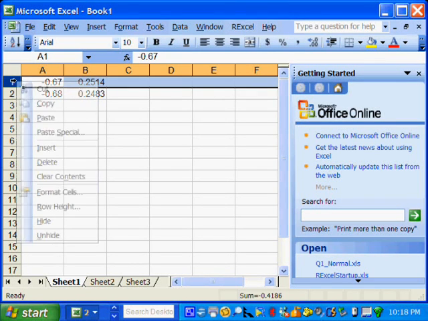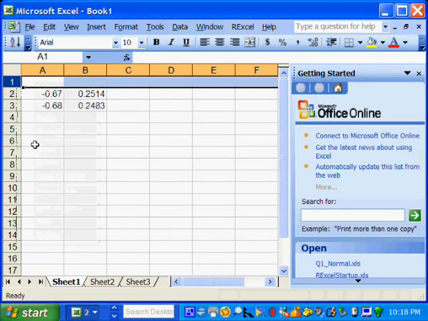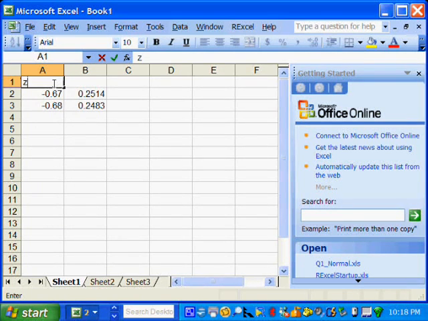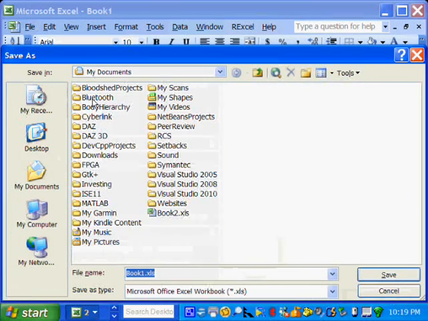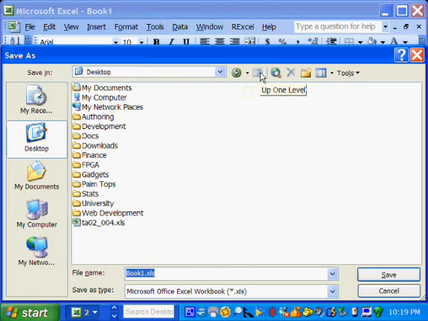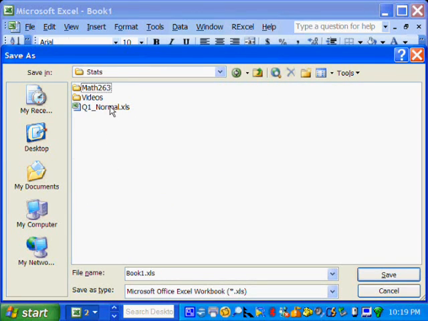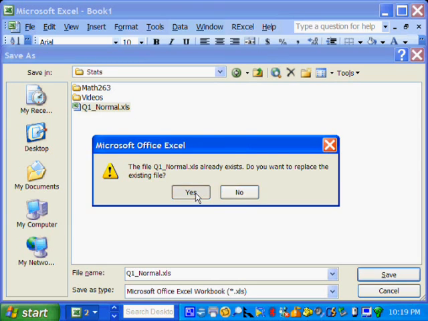Z and P for probability. I save the spreadsheet. This ends the current demonstration.